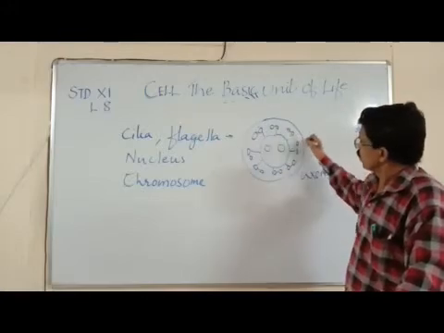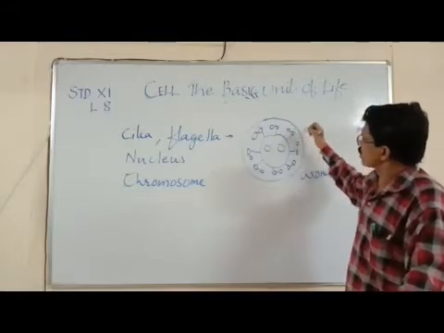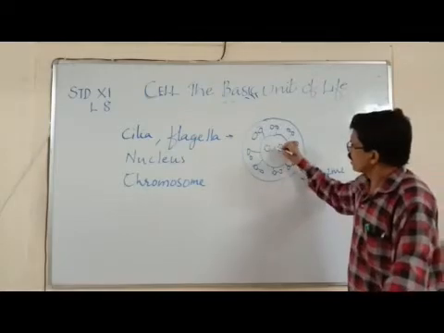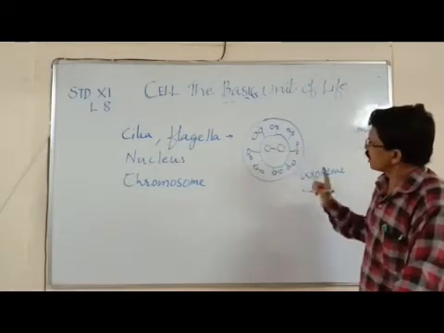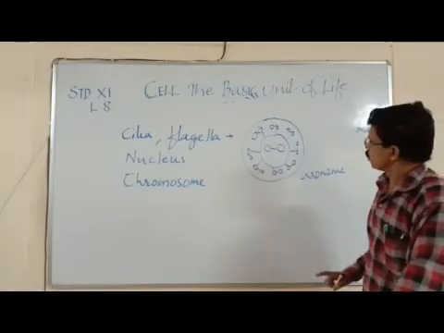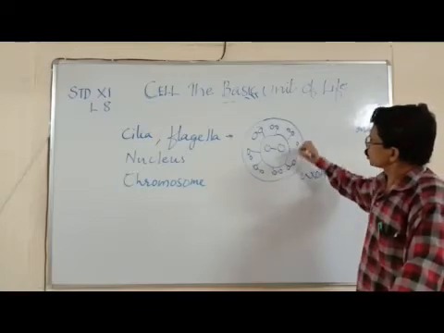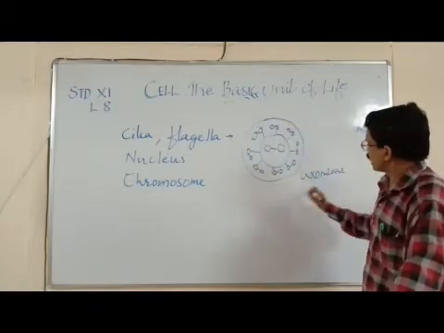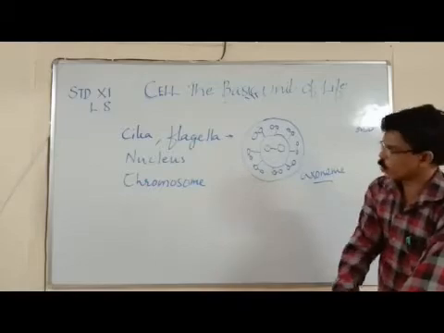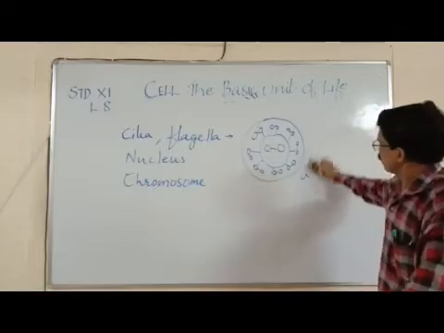So this forms 9 peripheral doublet microtubules. At the center there is a single doublet microtubule, which connects to the others through connective tissue, forming the axoneme or central core of the cilia and flagella.